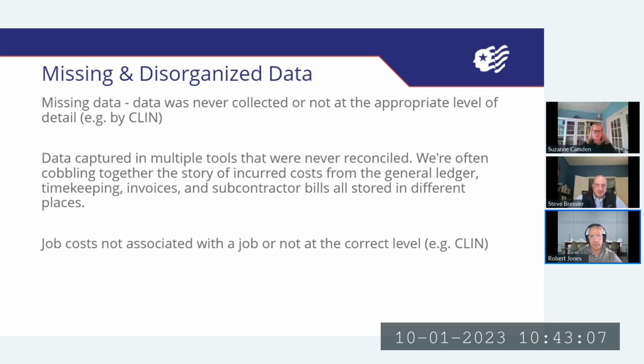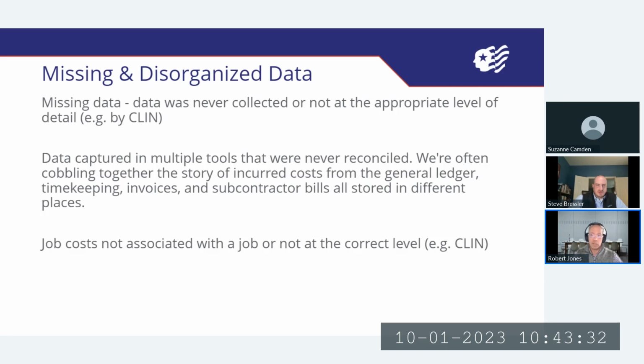The last item here is one that I kind of said a little bit ago when I was talking about the job ledger reconciliation. I think we've said it a couple of different ways, but either costs and invoices are not associated with the job, or not at the correct level, meaning at the CLIN level. So again, if you've got CLINs on your contract, it's got to be reported that way.